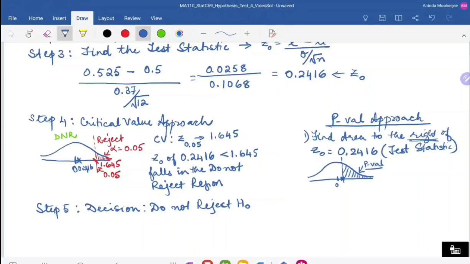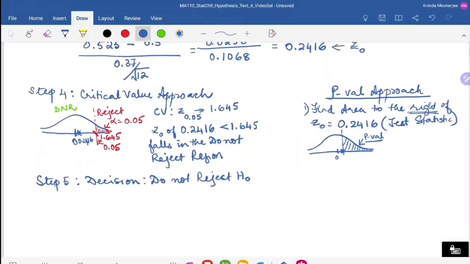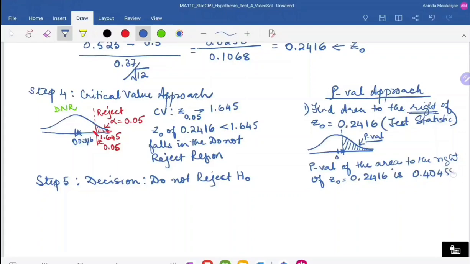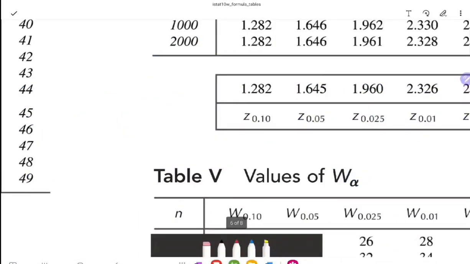So if we look up the table, the p-value in this case is the area to the right of Z sub 0 equals 0.2416, which is 0.4045.